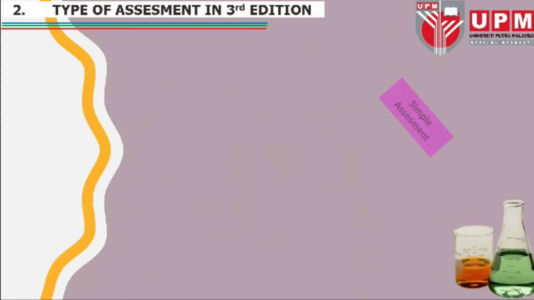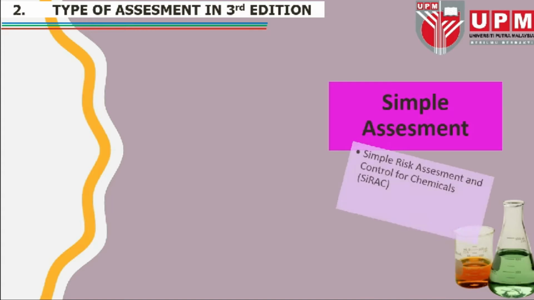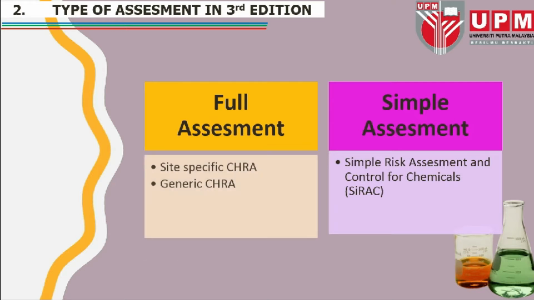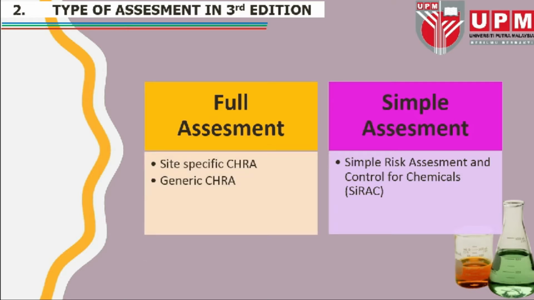In the 3rd edition, there is an alternative approach of chemical health risk assessment which is called simple assessment. This can be conducted using the CIRAC method. However, full assessment should be considered as the first approach. Full assessment is divided into 2, which is site specific and also generic assessment.